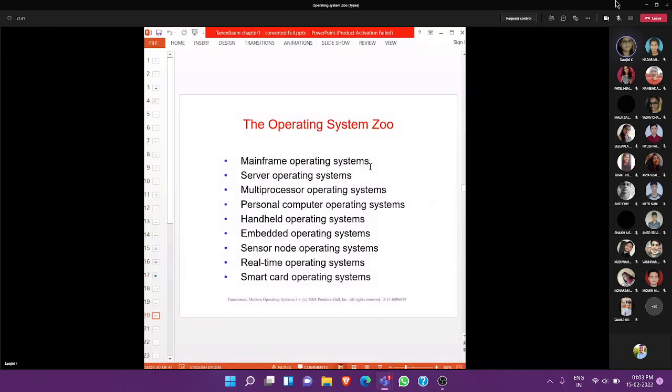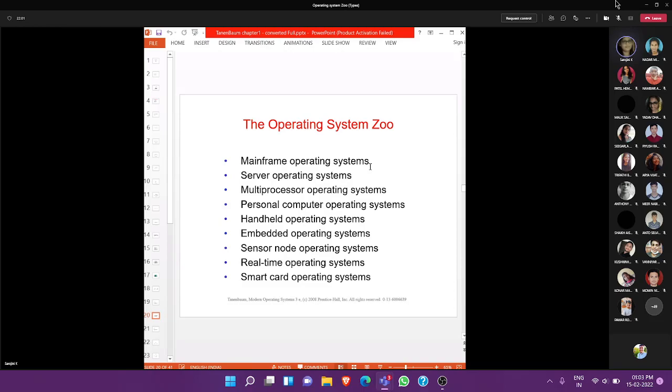So all these different types of processing can be performed by which operating system? Our mainframe operating system. There are many examples of mainframe operating systems. A very popular example is OS/360. This is the name of the operating system.